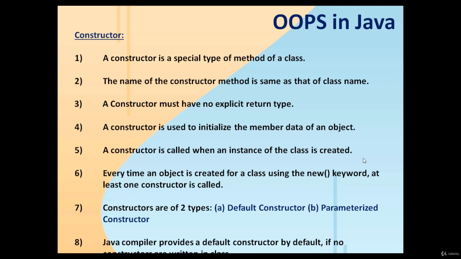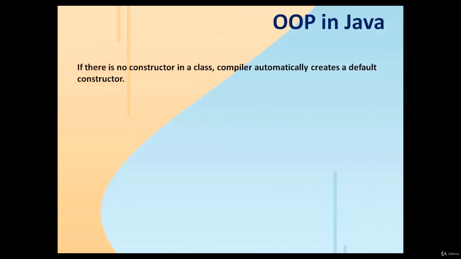When you compile that program, the Java compiler will create a constructor of its own. That constructor is called the default constructor. The Java compiler provides a default constructor at the time of compilation if no constructors are written in the class. So if there is no constructor in a class, the compiler automatically creates a default constructor.